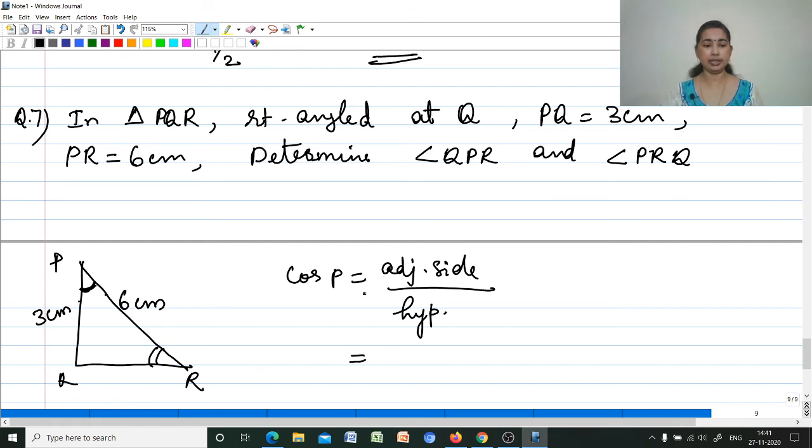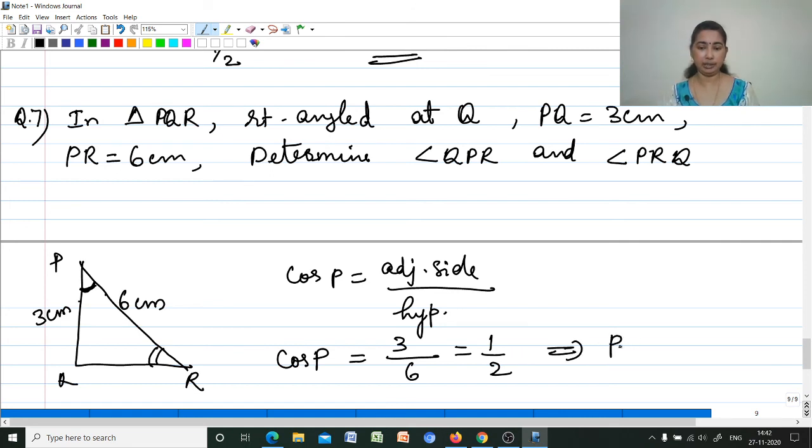Adjacent side is 3 divided by hypotenuse 6, that is equal to 1 by 2. So, cos P is equal to 1 by 2. Which angle gives cos as 1 by 2? We are getting 60 degrees. So, angle P, that is angle QPR, is equal to 60 degree.